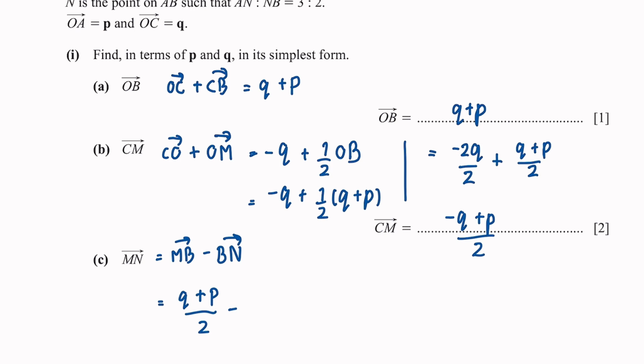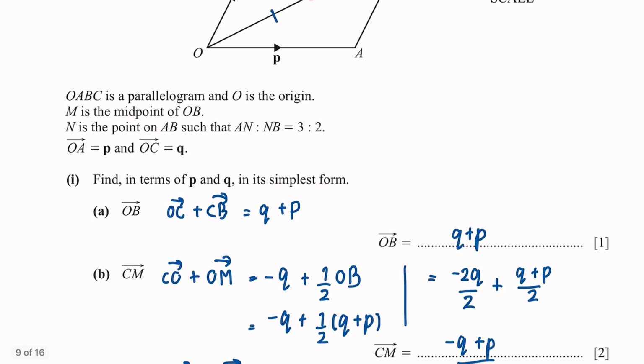BN is 2 over 5 of Q because AN to NB is 3 to 2.